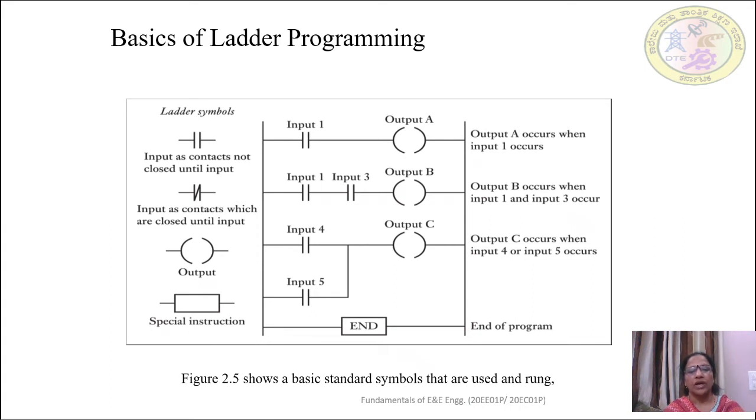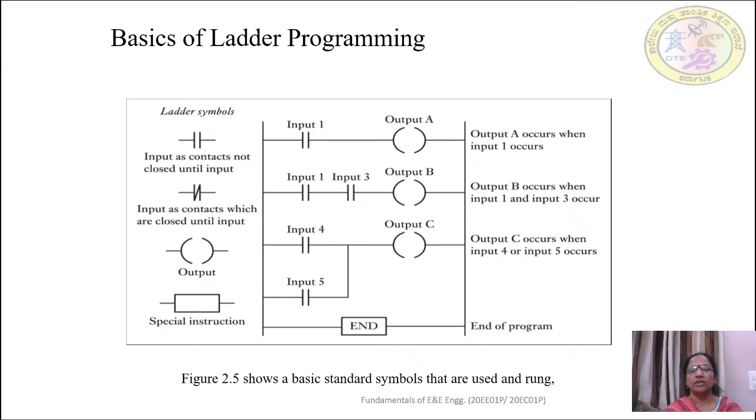Similarly, we have two parallel lines with one cross line, which acts as input contacts that are closed until input. Then the output is represented with the semicircle, and some special instructions are included in a rectangular shape. Further, we see how the input is connected to the output.